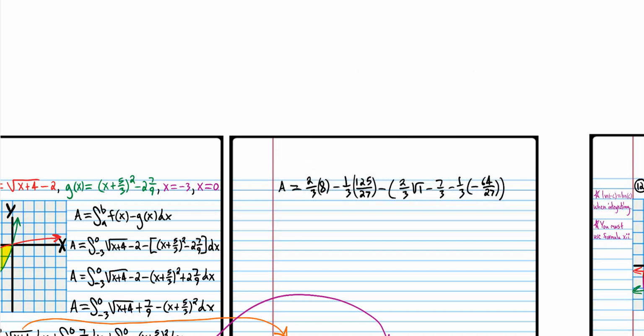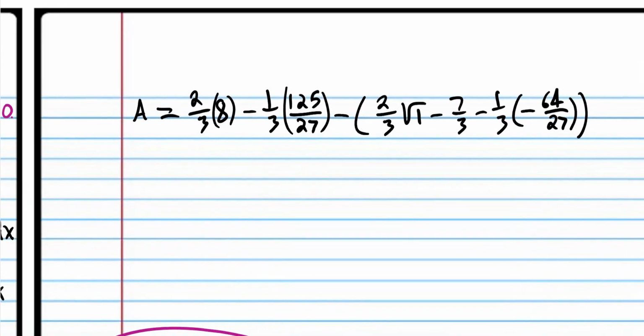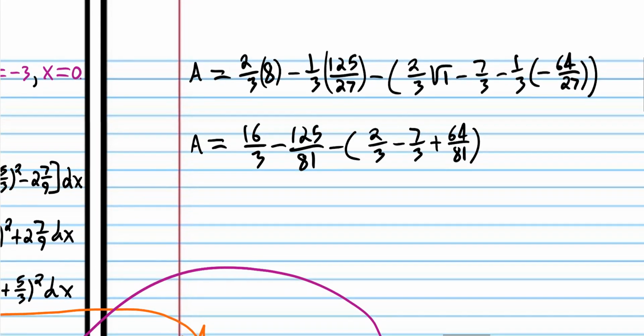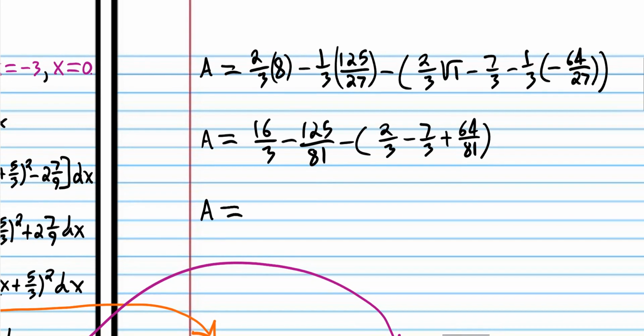So we have 16 over 3 minus 125 over 81 minus 2/3 minus 7/3 minus, let's just say, plus 64/81. And rushing through this, we get 16/3 minus 125/81.